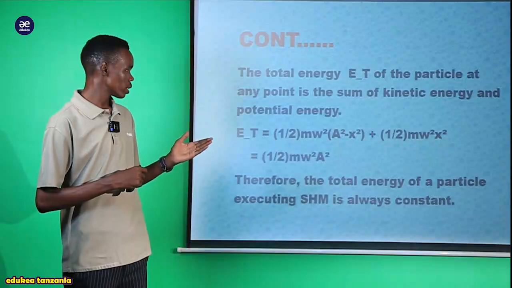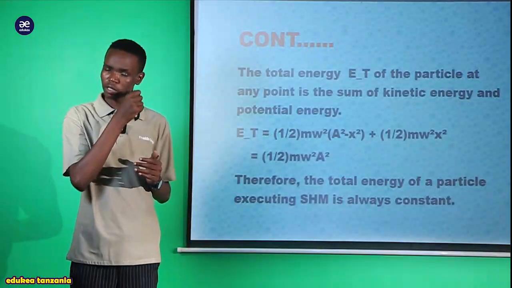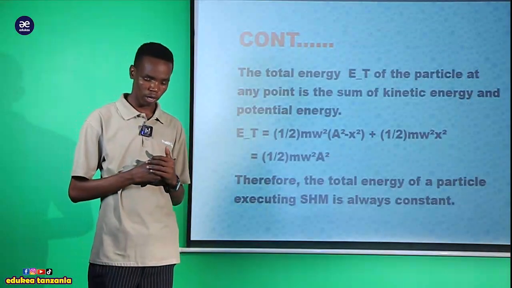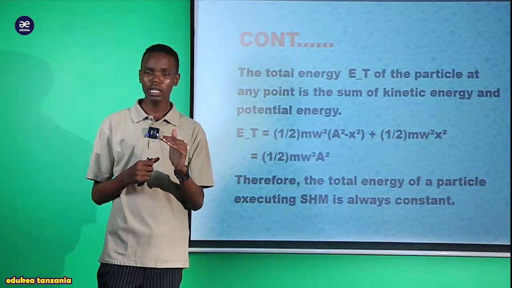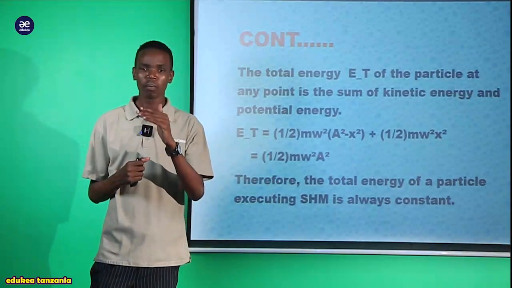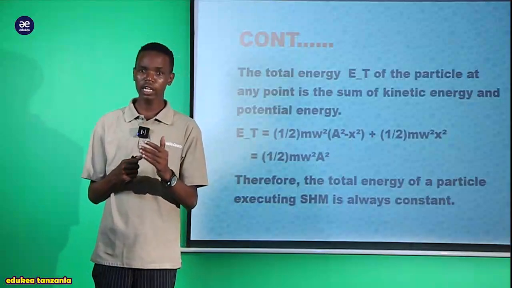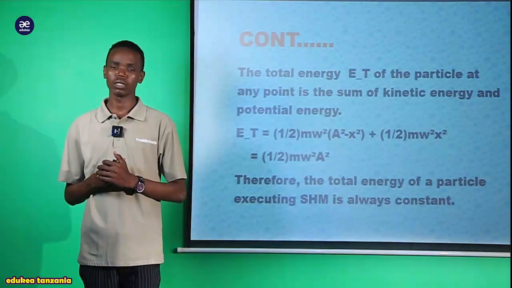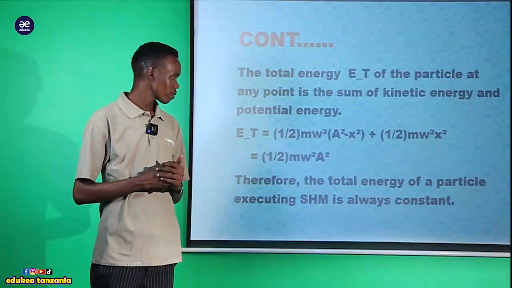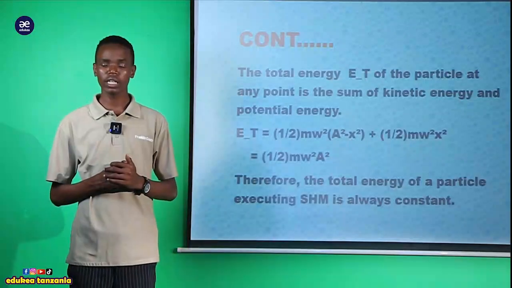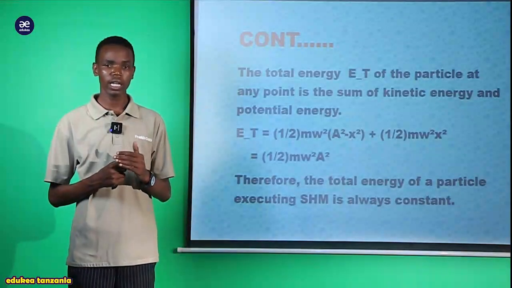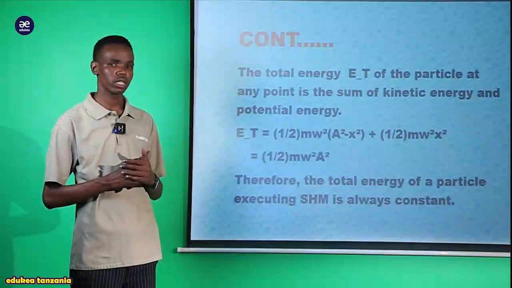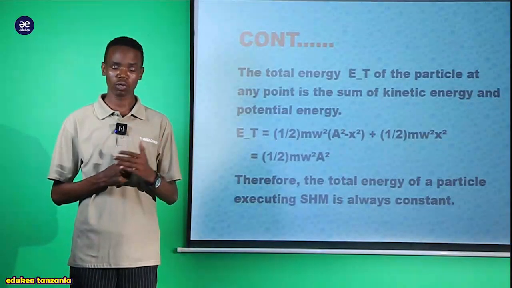So how can we get this? Let us recall the formula for the total energy. E total must be equal to PE, where PE represents the potential energy, plus KE, where KE represents the kinetic energy. After that, we should take the formulas of the potential energy and the kinetic energy and substitute them into the total energy.